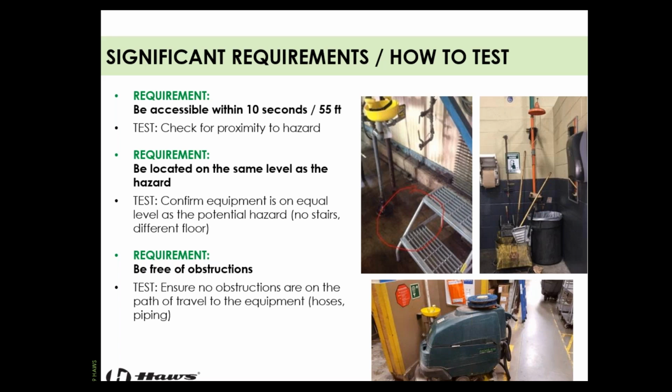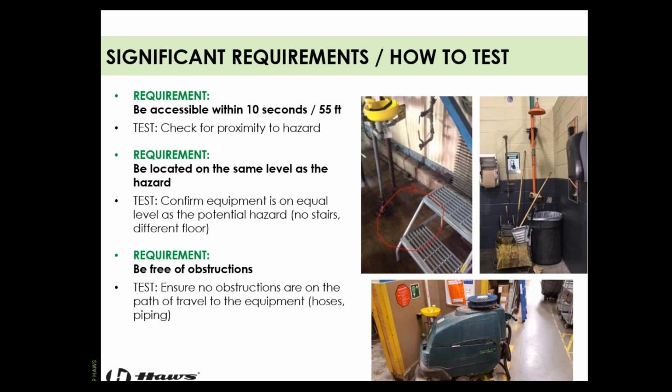55 feet was a measurement given to us in the appendix of the standard, because 10 seconds was wildly different for everybody, right? I can move 10 seconds faster or slower than many of you on this call.